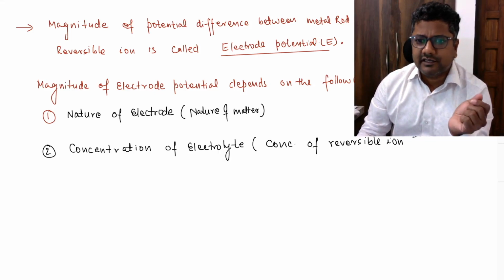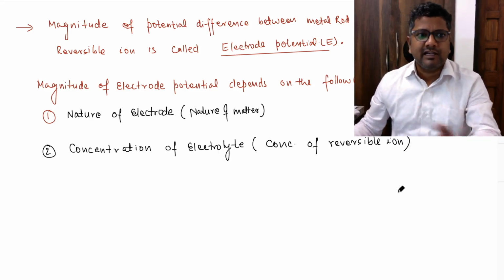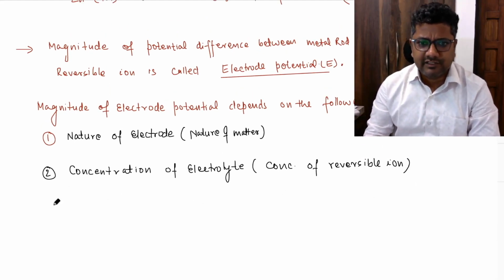In complex cells, there may be some other ion present. So concentration of electrolyte or concentration of reversible ion, it's okay.